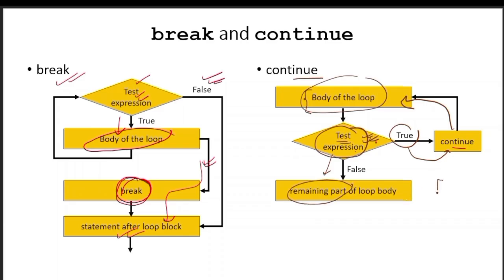Suppose this is the first part of your loop body, and here you have a continue statement, and before it a test condition. We check it here and encounter continue. If true, we continue, executing only the first half of the loop body. The remaining half of the loop body is not executed until this test expression is false. We will understand this with the help of an example.